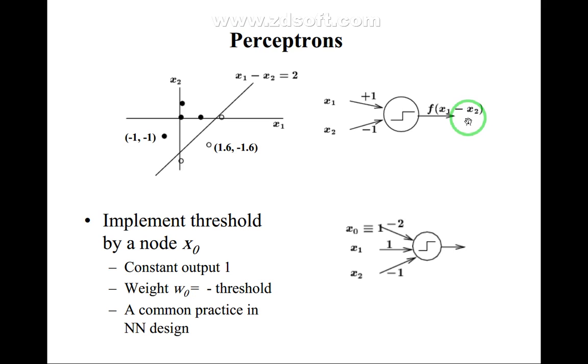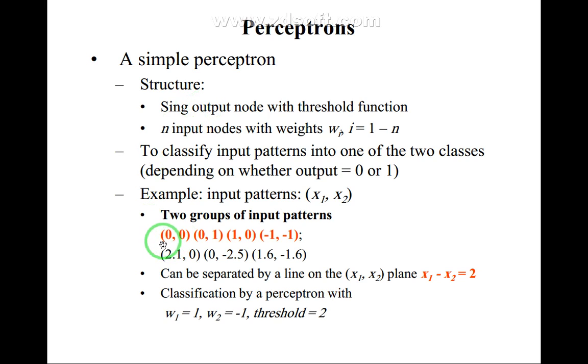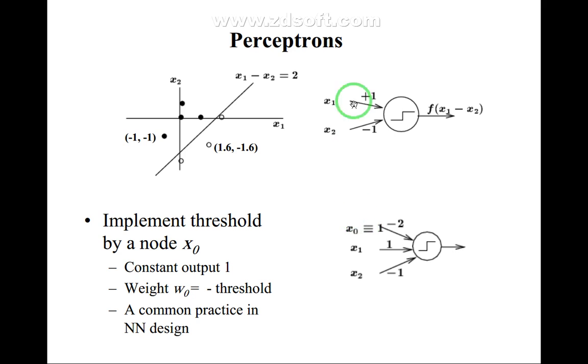And of course, this can classify these inputs 0 0, 0 1, 1 0, minus 1 minus 1 into two classes.